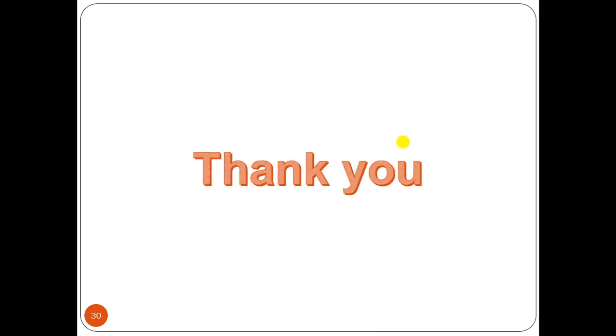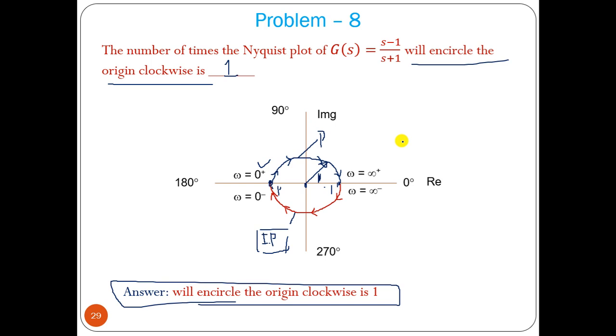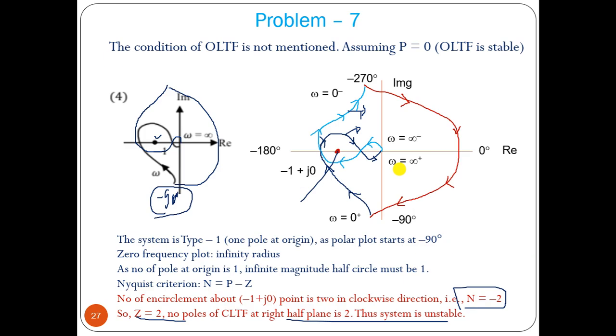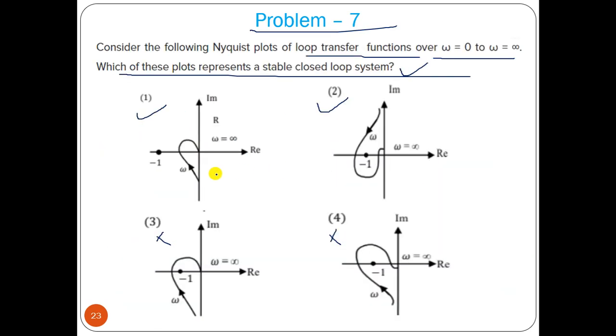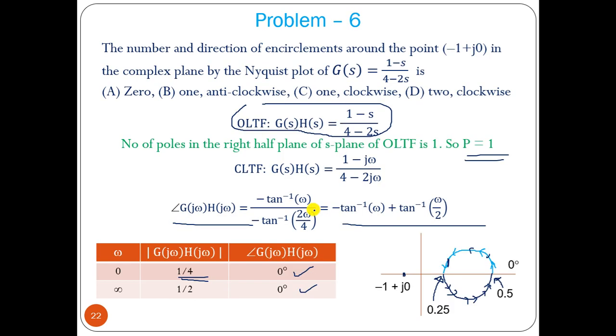Okay. So this is all about some important problems on this topic, the Nyquist stability criterion. This is an example of an all pass filter, and here some polar plots are given. We have to draw the Nyquist plot from that, and we can find out the stability of the system.